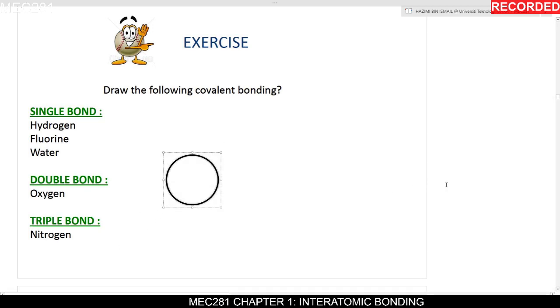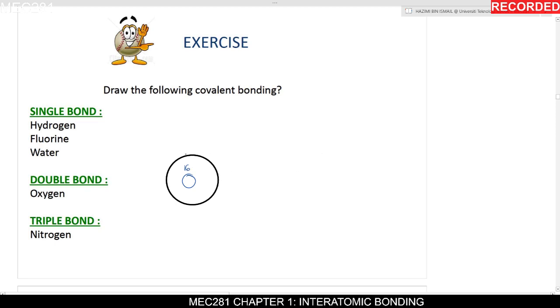Yes, how do you know the oxygen has how many electrons? Once again you can refer back to the periodic table, but we remember this is the common one, it has 16.